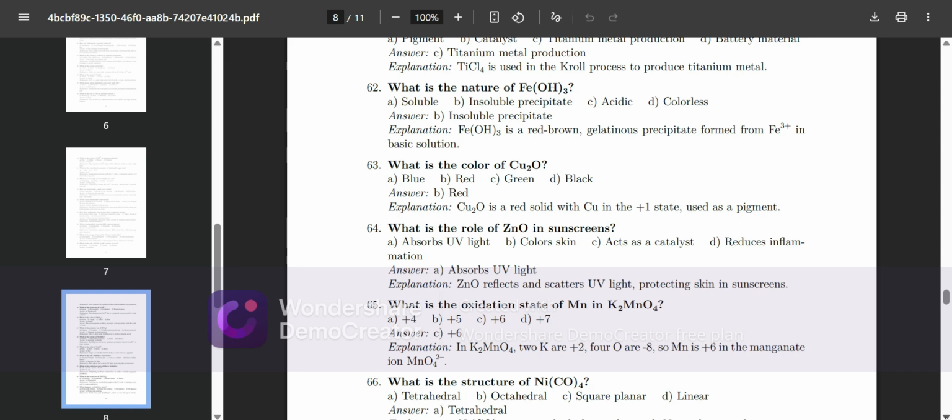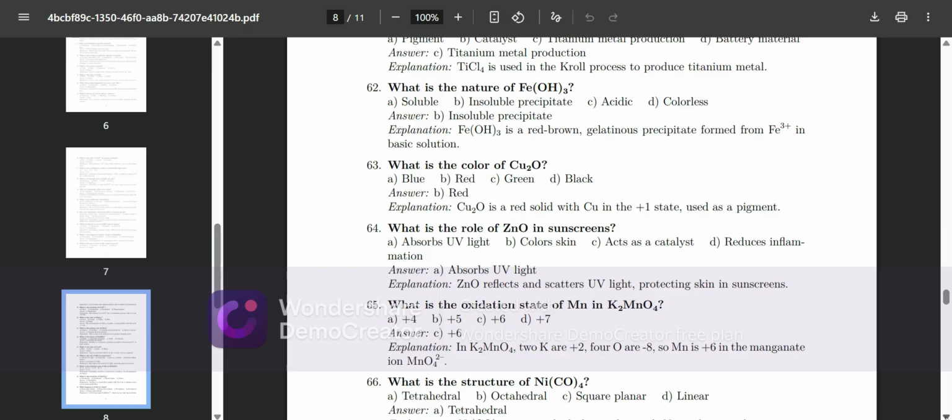What is the color of Cu2O? Red. Cu2O is a red solid with Cu in the +1 state, used as a pigment. What is the role of ZnO zinc oxide in sunscreen? Absorbs UV light. ZnO reflects and scatters UV light, protecting skin in sunscreens.